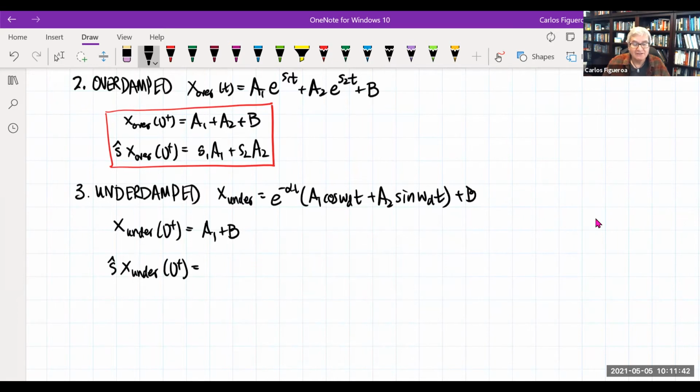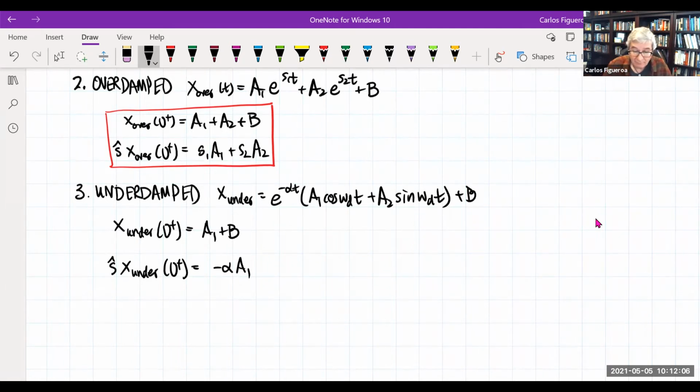Let me be careful. If I take the derivative using the chain rule of the exponential, I should get minus alpha, and then I set e to the 0, which is 1. And if I set 0, yep, it's a1, and then the a2 term is going to be 0.